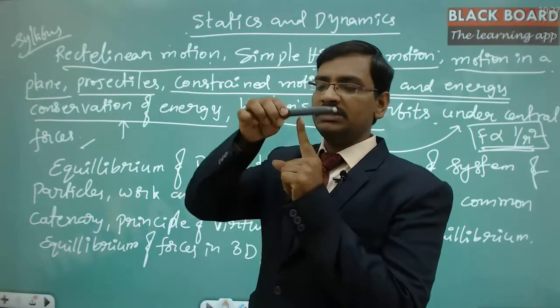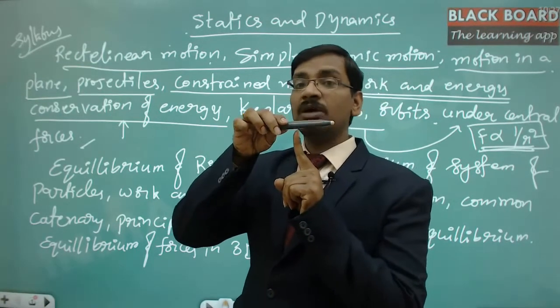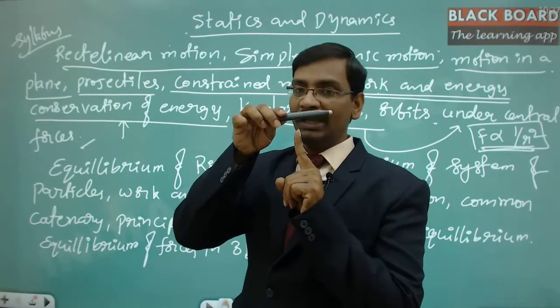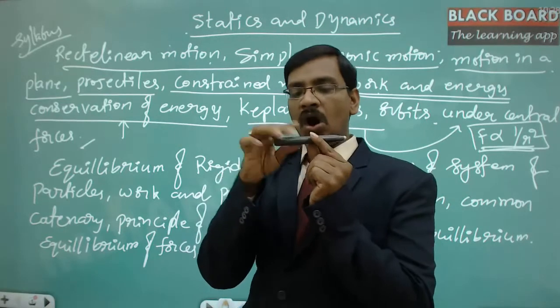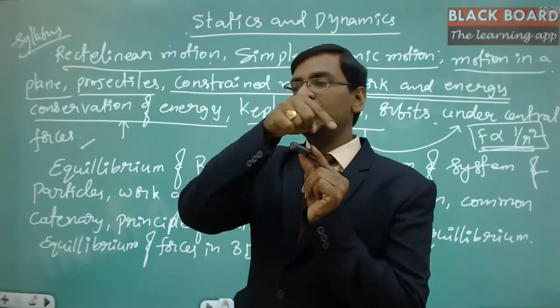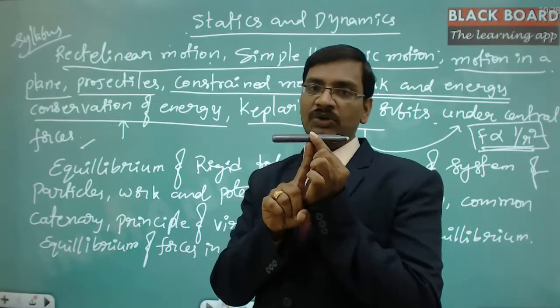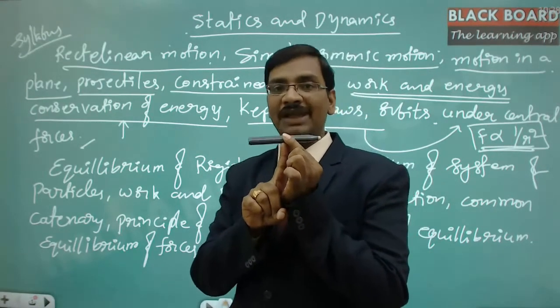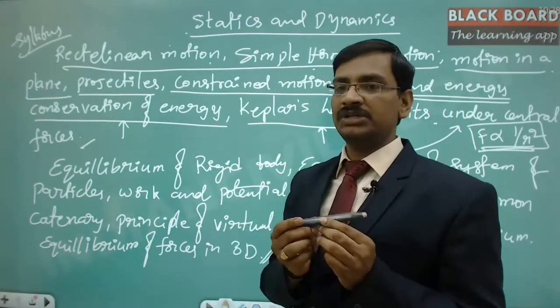Now if you notice, the particle exactly on the tip of my finger is not moving anywhere. It stays as it is, but the pen is trying to rotate. All other particles are moving from their respective locations, but the particle exactly at the center is not moving anywhere. It stays as it is, right? Now here the fundamental question comes.